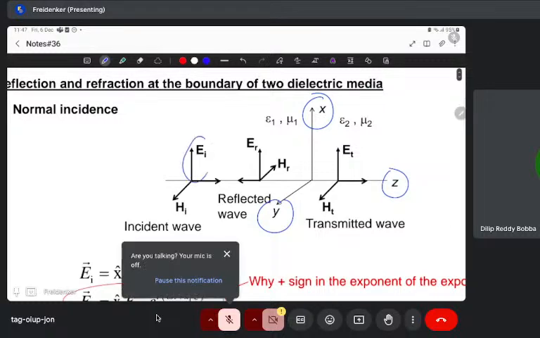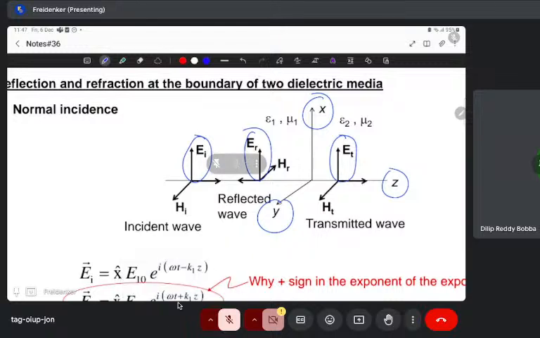Previously, okay, see, E and all don't explicitly change directions, right? They're still in the same direction. Here, the only thing that's changing direction completely, one is K, the reflected part of the K is changing direction, and the other is the H, the reflected H is also changing direction.